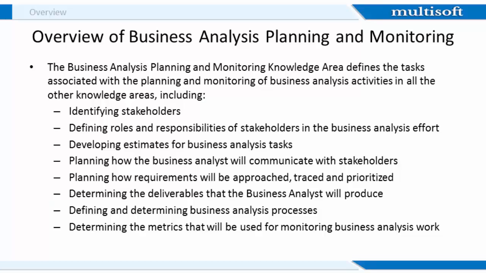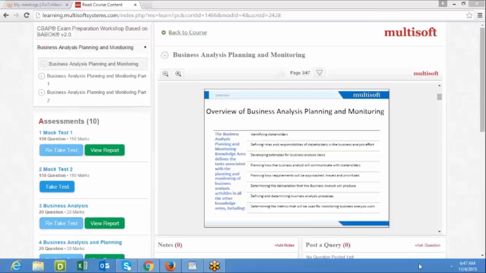Now, the slide talks about the overview. The business analysis planning and monitoring knowledge area defines the tasks associated with planning and monitoring the activity in all other knowledge areas, including identifying stakeholders, defining roles and responsibility of stakeholders in BA work effort, developing estimates for BA tasks, planning how the BA will communicate with stakeholders, planning how requirements will be approached, traced and prioritized, determining the deliverables that the BA will produce, defining and determining the BA process, determining the metrics that will be used for monitoring BA work.